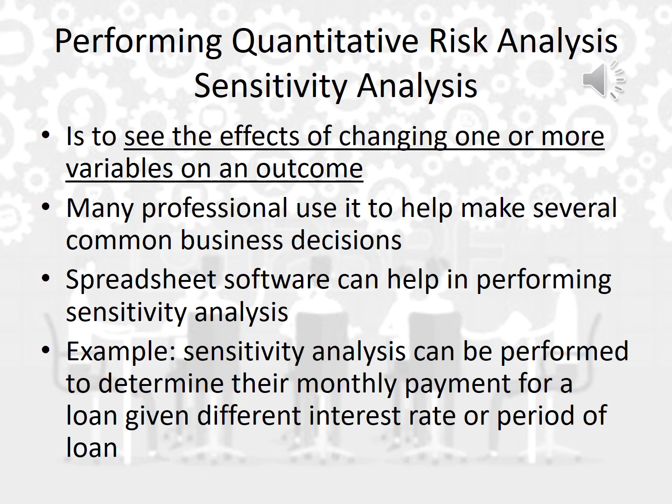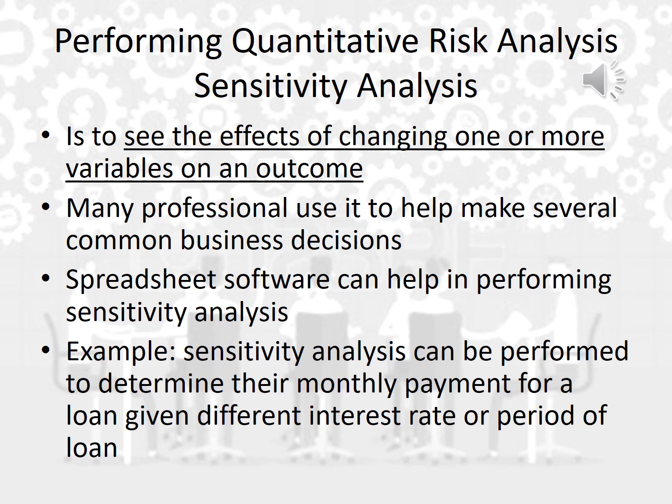Also, how long it will take to finish the project. Is it a number of months? Is it a number of years? And the budget, how much money they allocated to that project. These factors can affect which technique to be used in order to perform quantitative risk analysis.